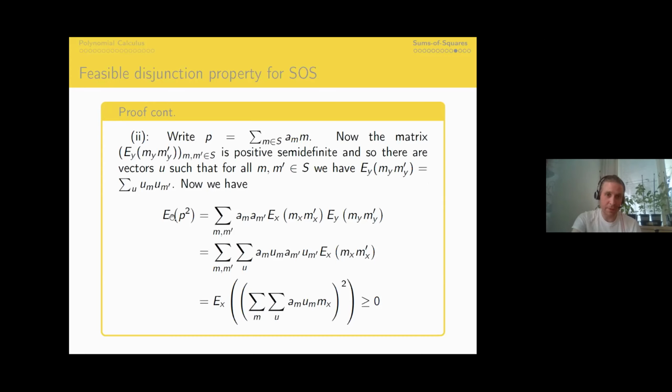Thus we have that E of this square of P can be written like so, and this comes directly from the definition. From this positive semi-definiteness of the matrix, it can be written by basically omitting this E y part, and then this can be combined into E x of some square, and we get a non-negative value because E x satisfies such things.